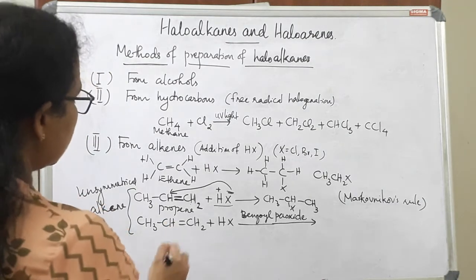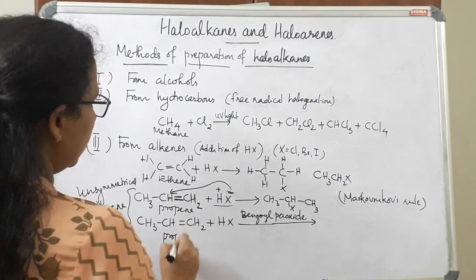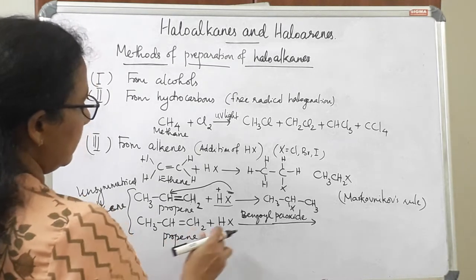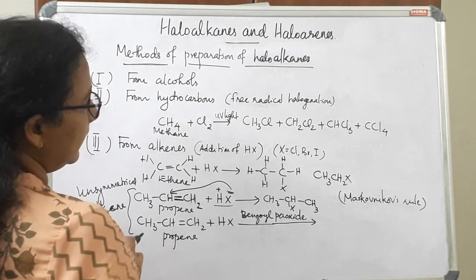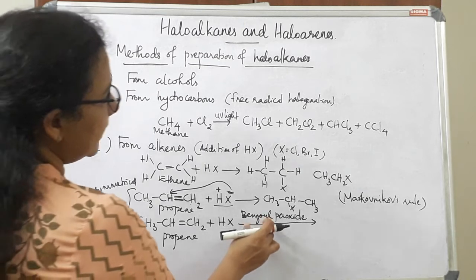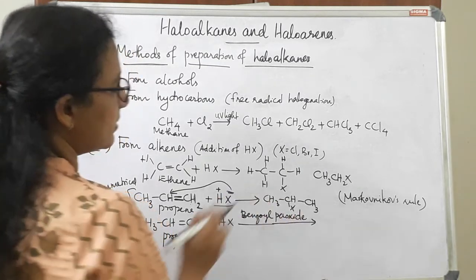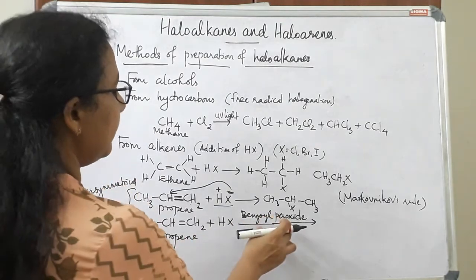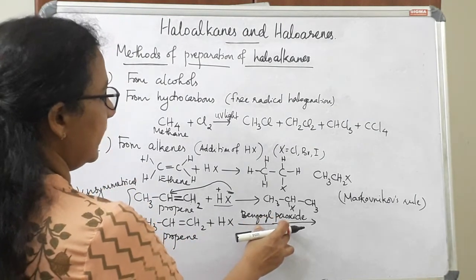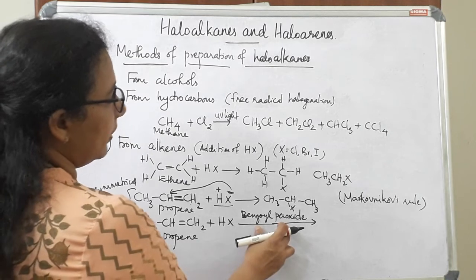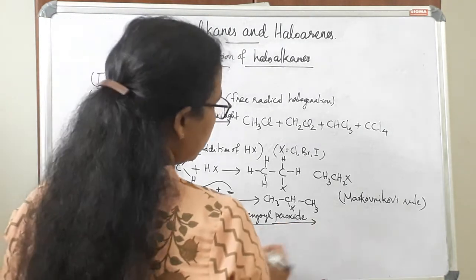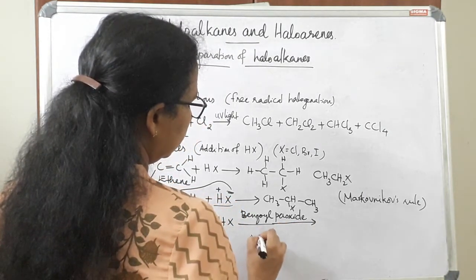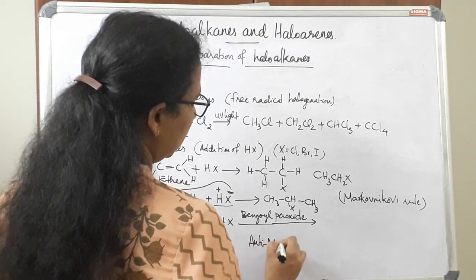Then the next case, that is also propene. This is also an unsymmetrical alkene. So in this case, hydrogen halide addition takes place in presence of benzoyl peroxide. So if there is a presence of benzoyl peroxide, this will be according to anti-Markovnikov's rule.